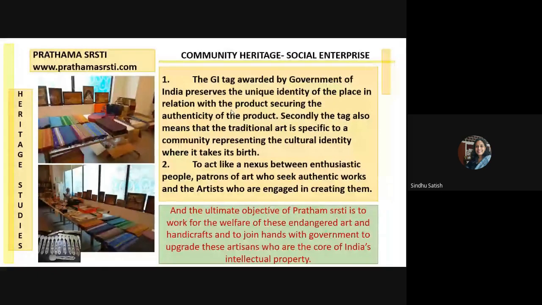Creating demand would also indirectly help the artisans, who can make more and earn more. We have a lot of other plans, and I'll not get into that detail, but precisely, Prathama Shrishti came up with these two distinctive objectives.